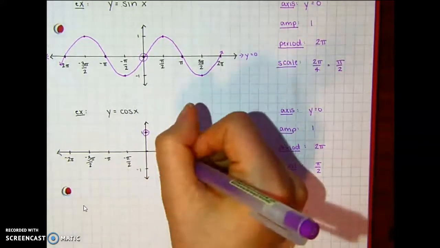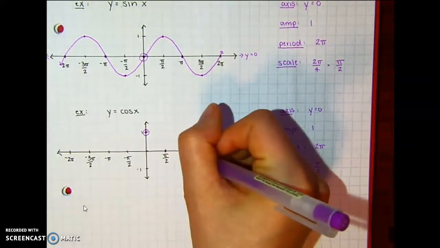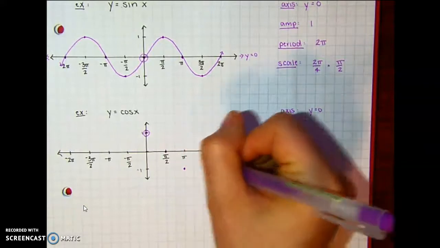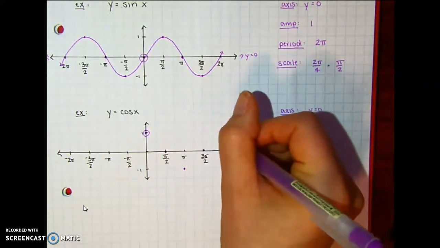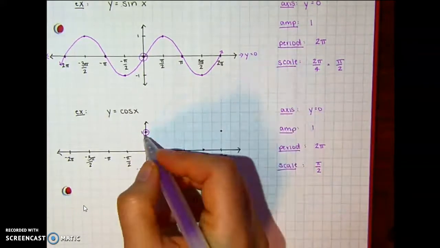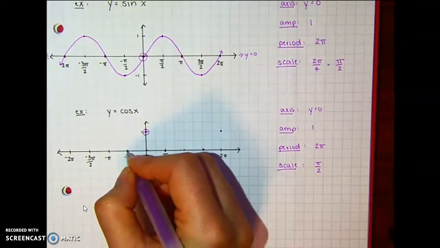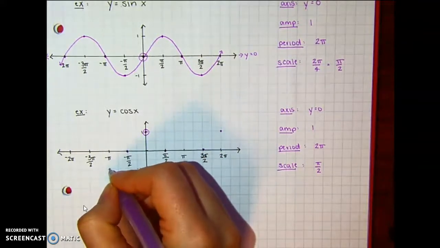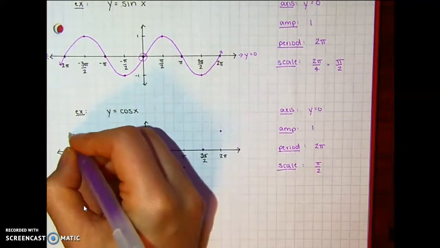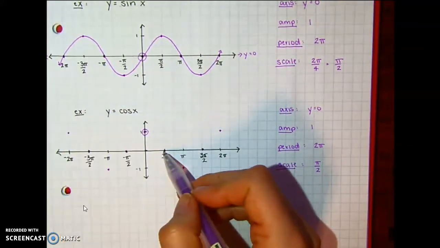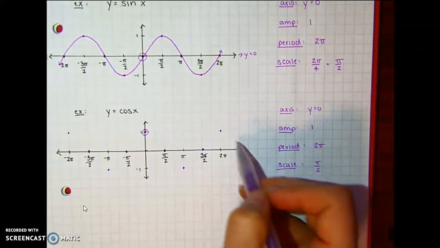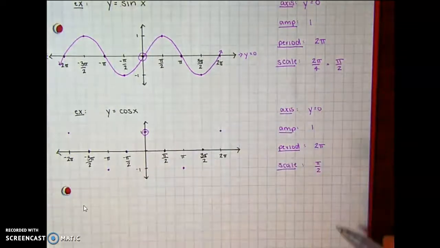Cosine of pi over 2, 0. Cosine of pi, negative 1. Negative pi over 2, 0. You'll notice it follows this pattern: max, axis, min, axis, max, axis, min, and it will infinitely do that.